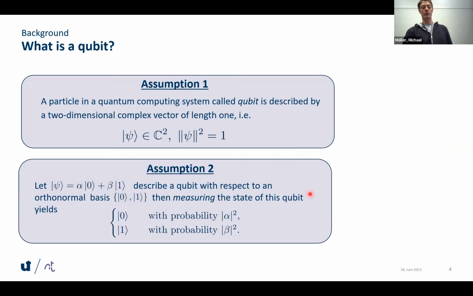And then it turns out that measuring the state of this qubit in this computational basis gives 0 with a certain probability, namely the absolute value of the coefficient squared, and 1 with the corresponding probability of the corresponding coefficient in absolute value squared. And since this qubit is normalized, of course, |alpha|^2 + |beta|^2 is equal to 1. So in this sense, it all makes sense. The only thing that maybe at first does not make sense is that we have really a fundamental stochasticity in here.